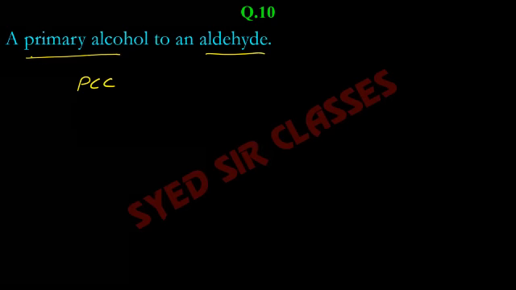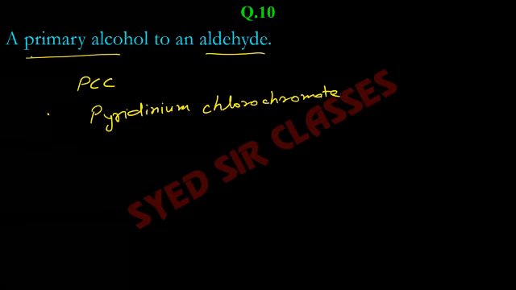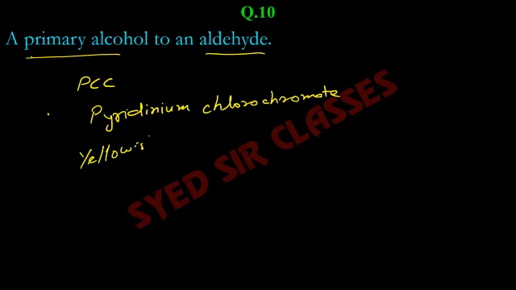Clear? No one is going to ask you the full form of PCC, but if you want to remember it, it is pyridinium chlorochromate. It is a yellowish colored compound.